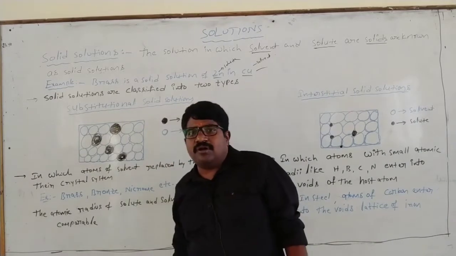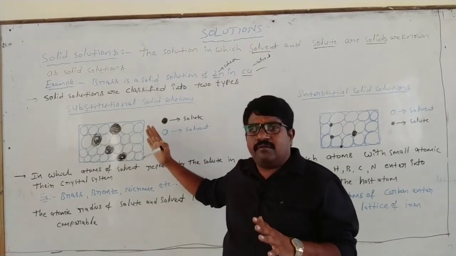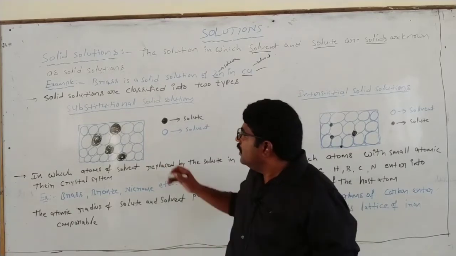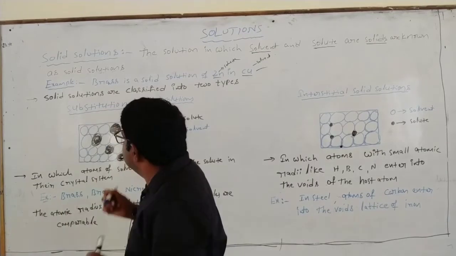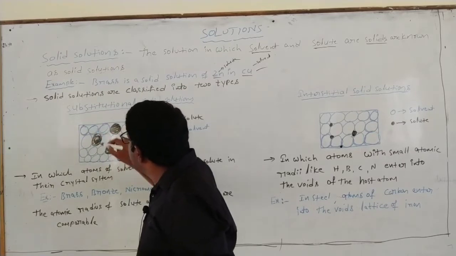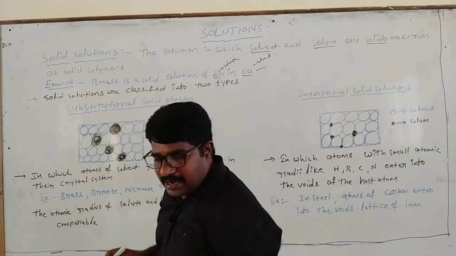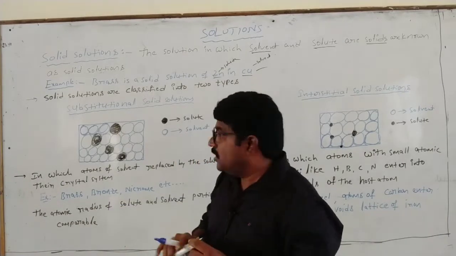Substitutional solid solution is one solution system that has solvent and solute. The circles in blue color are the solvent particles, whereas the black circles indicate solute.